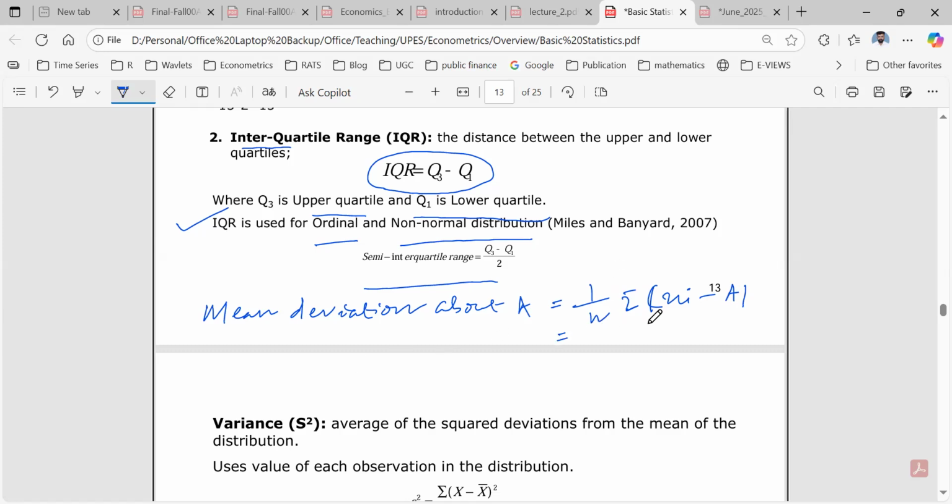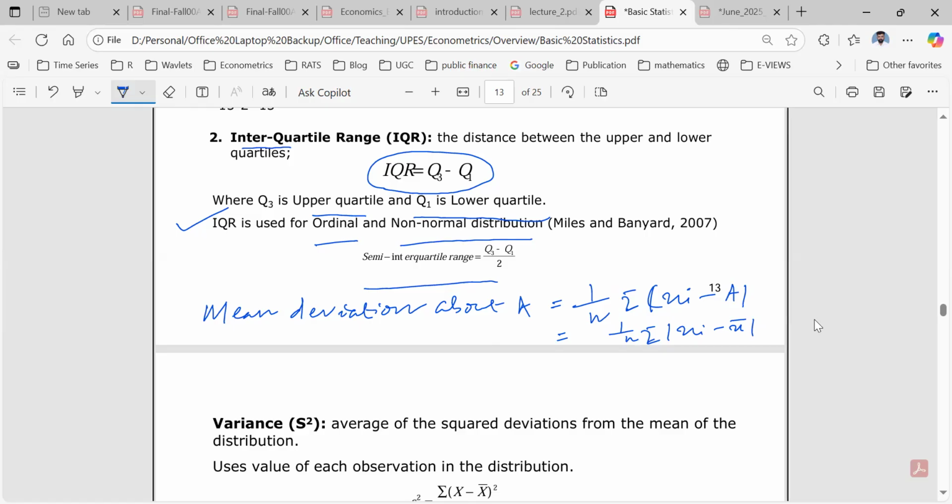For a simple series you can calculate like this: in place of a you can replace it, 1 upon n summation of |xi minus x bar|. This is mean deviation. One of the important properties of mean deviation is that it has the minimum value when deviations are taken from the median.